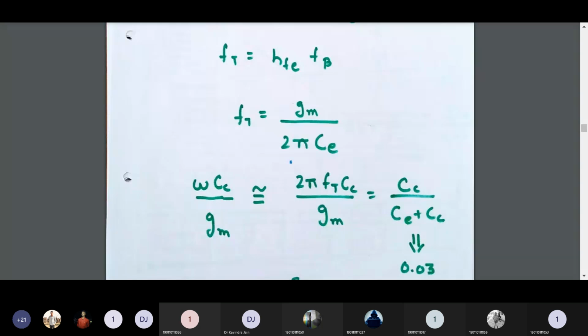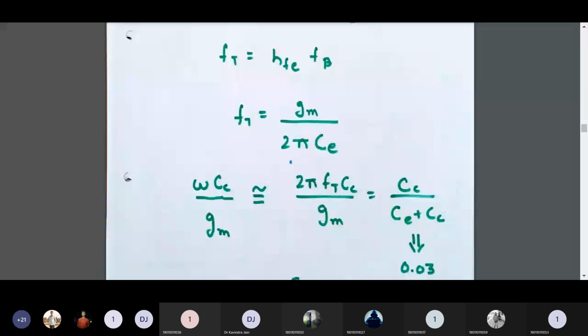Two transistors may have equal fT. Then the transistor with low hFE will have a higher bandwidth.